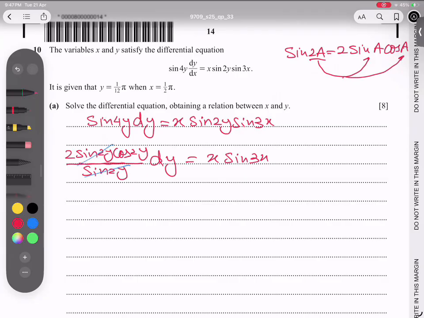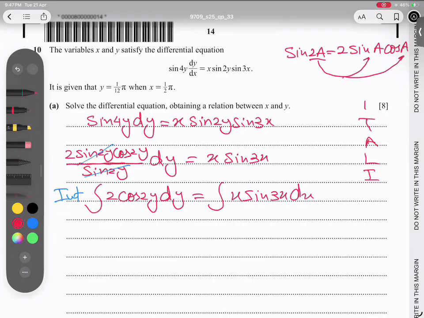Now I'm integrating both sides. So when integrating both sides, what am I getting here? On the left side, 2 is also available, cos 2y. This is clear. And on the right-hand side, I have to go for integration by parts, because it is a product of two functions multiplying each other. I'm writing again: LATE, L-A-T-E.